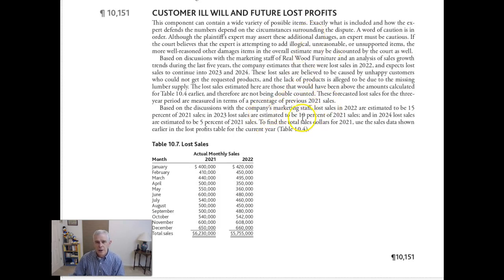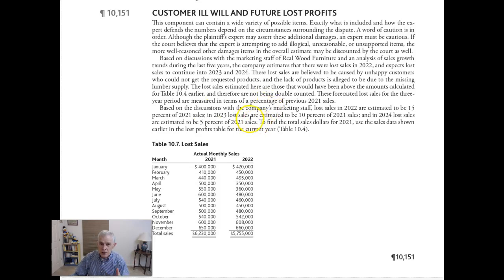In fact, they talked to the marketing staff, and they believe that lost sales in 2022 are estimated to be 15% of the 2021 sales. So these are sales we didn't even have because of what took place. We believe we lost 15% of 2021 sales, the last actual year before the harm, and that was lost in 2022.